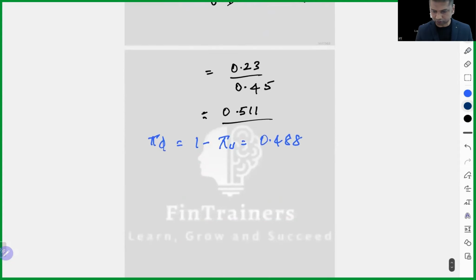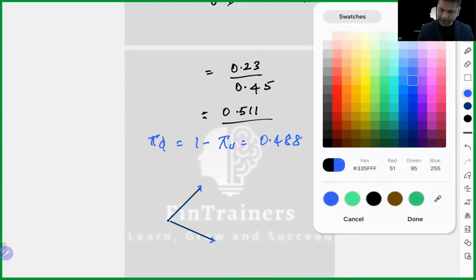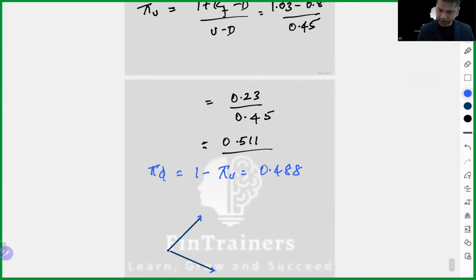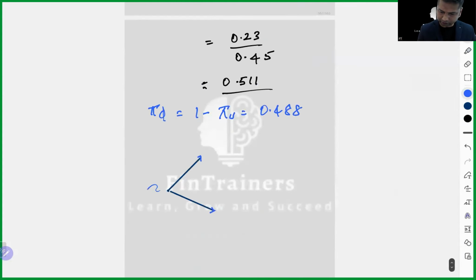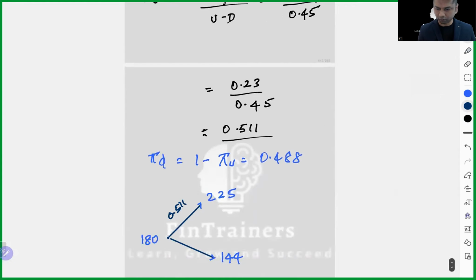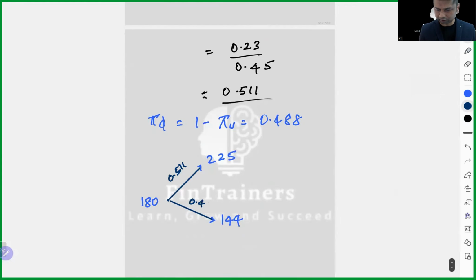Then step 2 is to draw the binomial tree. Starting with $180 as Apple share price, my up state in the future is 225. Down state is 144. Probabilities 0.511 and 0.488.